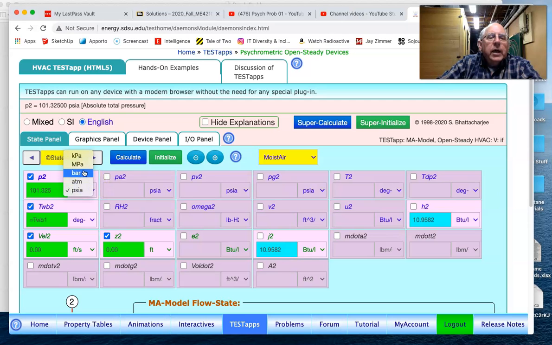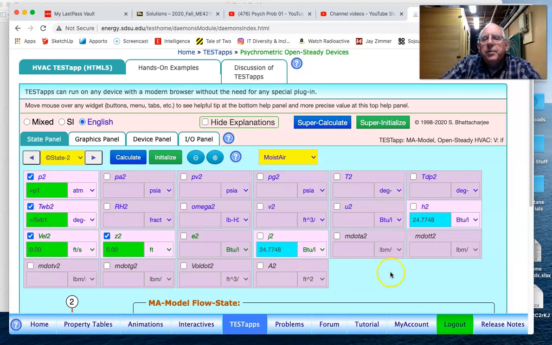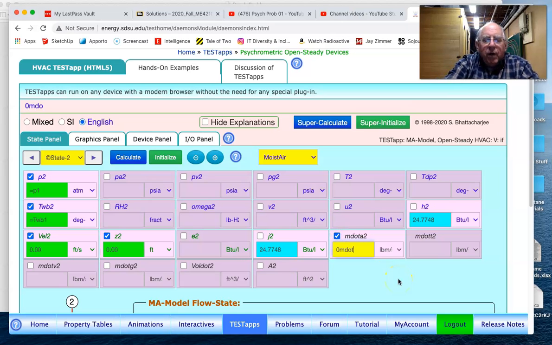Again, we have 1 atmosphere pressure here, so we can put in that the pressure is equal to P1 at this particular point. We have the wet bulb temperature, and in this particular case, we are going to be adding liquid water. What do we know is the same? We also know that the m dot of the dry air is equal to the m dot coming in.